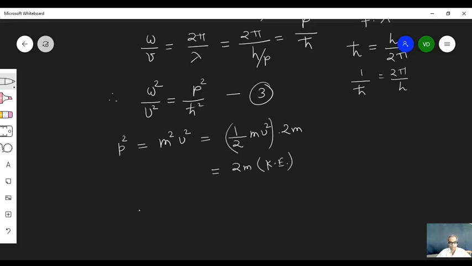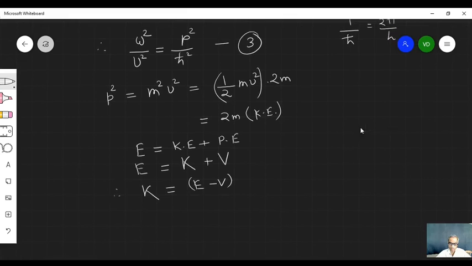Now what is kinetic energy? We know total energy E is equal to the sum of kinetic energy plus potential energy. Let us denote the kinetic energy by capital K and the potential energy by V. So we have the value of E as K plus V, and therefore the kinetic energy K is equal to E minus V. And that is equal to half mv square.